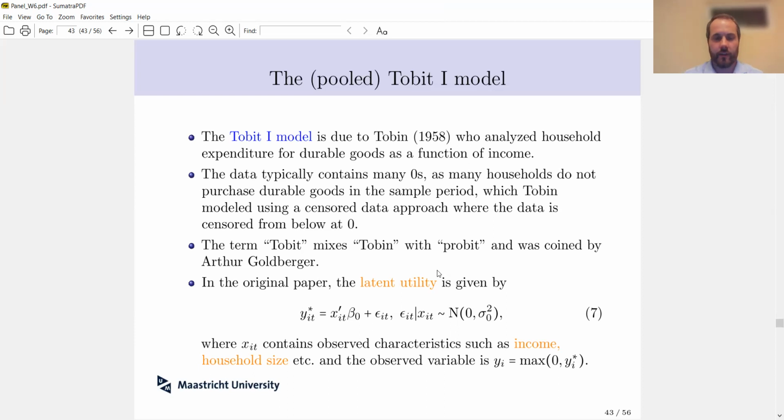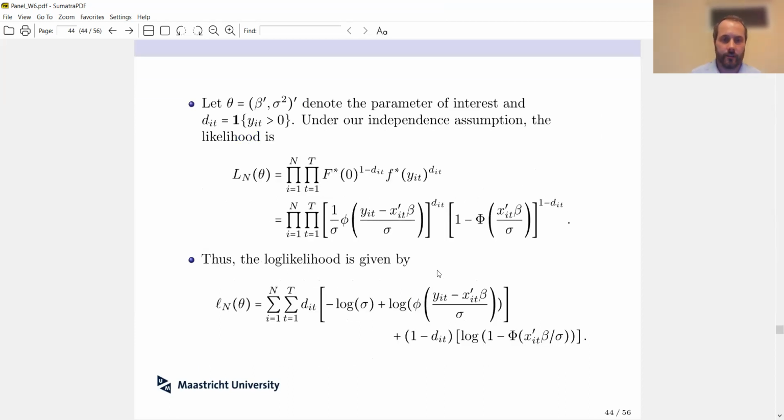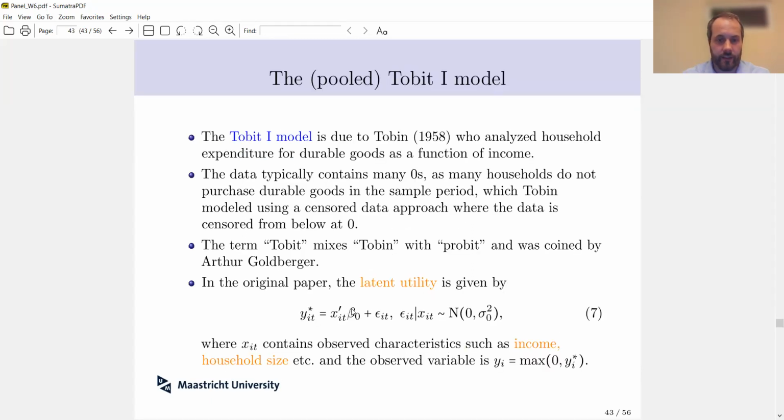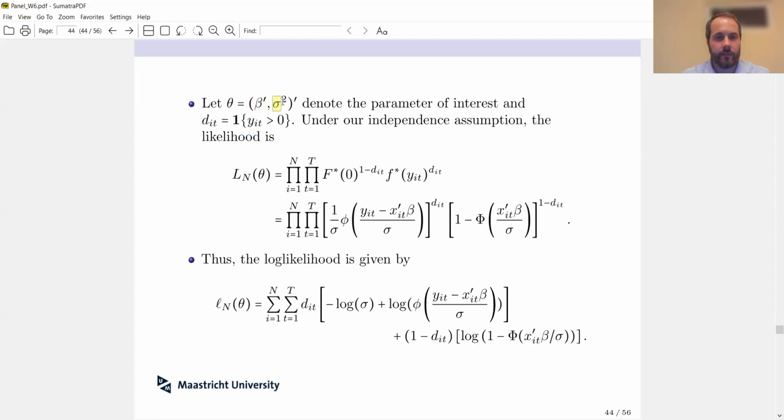That's now, of course, important for finding the likelihood. The likelihood depends on two parameters: the beta, which is simply the effect of each of the x's, and the variance, which we have to estimate. Let's define this indicator D_it, which is simply 1 if we observe something, for instance when the family purchased a car, and 0 if there's no purchase.